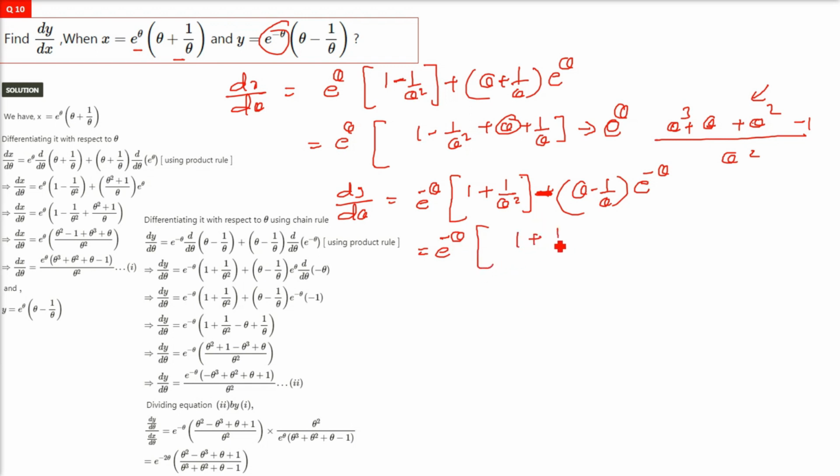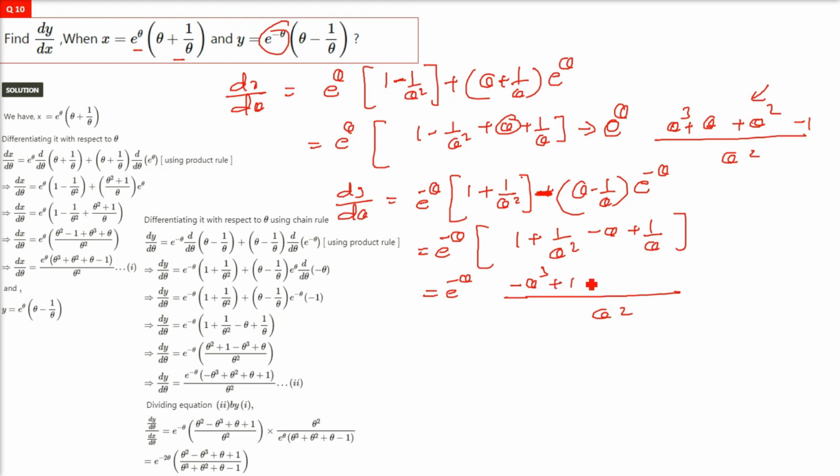Now e to the power minus theta you can take common. 1 plus 1 by theta square minus theta plus 1 by theta will come. So same thing you are going to do here also. We are going to take e to the power minus theta outside, then theta square as the denominator. So this will come as theta square plus 1 minus theta cube plus theta.